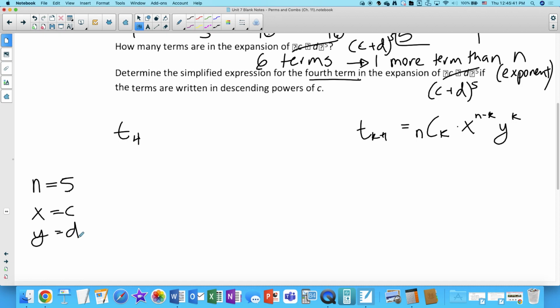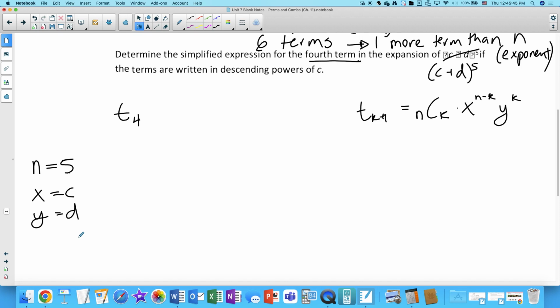Just replace those variables with c and d. What would k be if we're looking for T4? Yeah, k is 3 because k plus 1 has to equal 4.